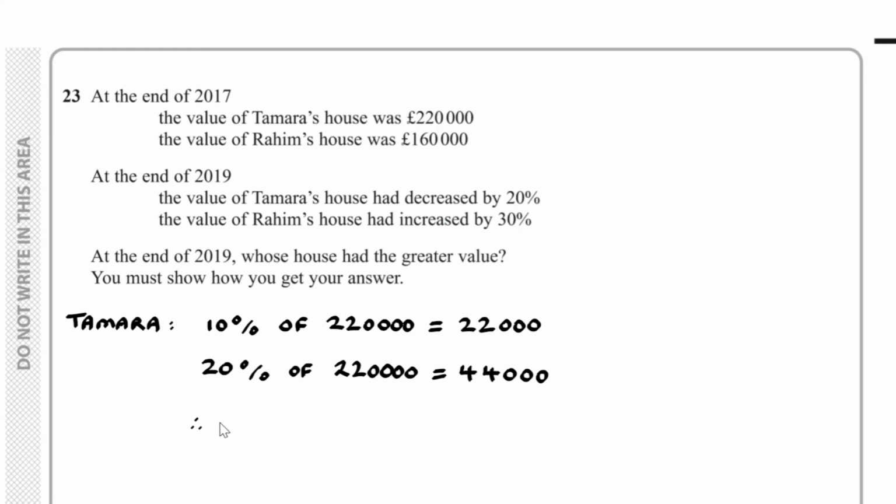And so therefore, to find out the new value, we have 220,000 subtract 44,000, and it turns out in 2019 the value of her house is £176,000.